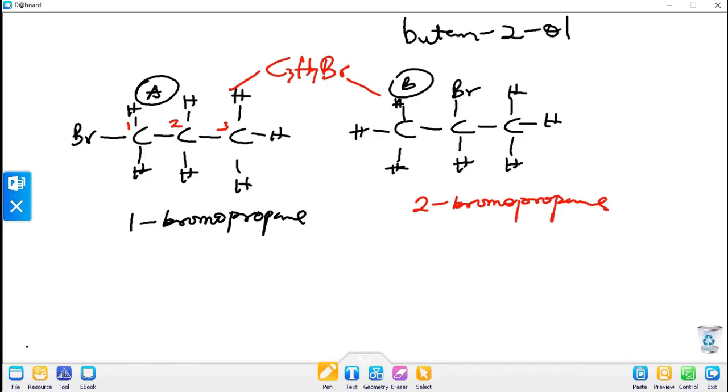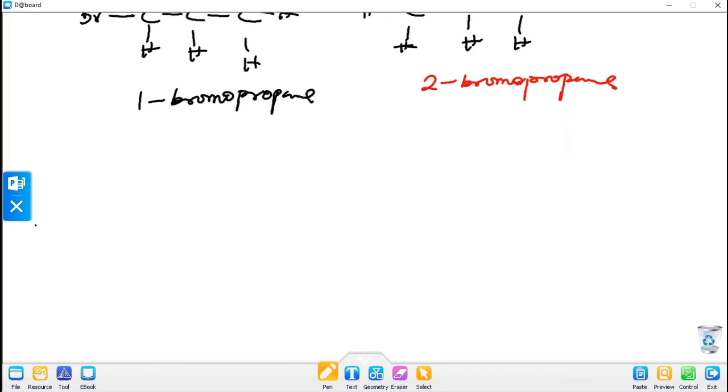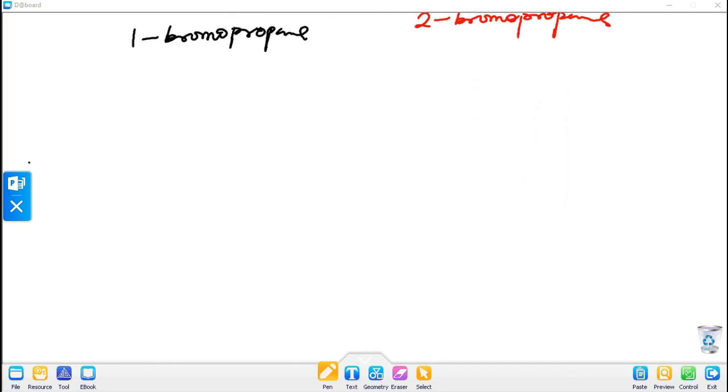Bromine in the first compound is at position 1 of carbon atom, but in the second compound, bromine is at position 2. So this is also another example of position isomers, and it is worthy that we take good note of that. Let us take another example of position isomers so that we may get to understand this clearly.